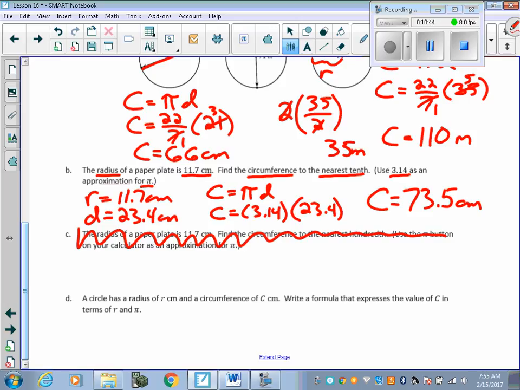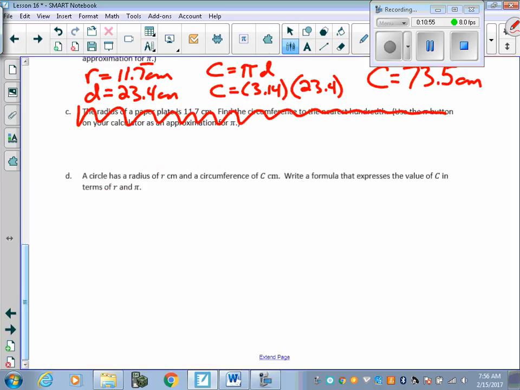Again, I would like you to do part D of this and think about what that is. Question D says a circle has a radius of r centimeters and a circumference of c centimeters. Write a formula that expresses the value of c in terms of r and pi. Well, we know c equals pi d, but we don't know anything about radius. Well, yeah, we do.